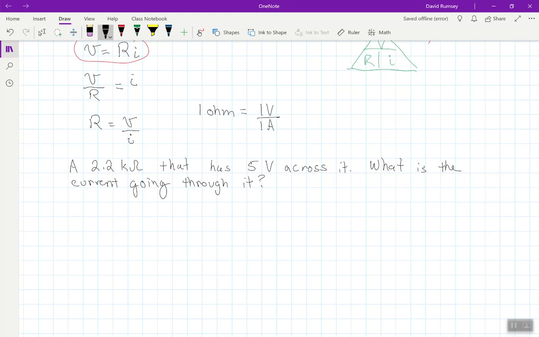And well, you don't really need to draw a circuit diagram for this, but I'll go ahead and draw what we have here. So we've got a resistor here, and this resistor is 2.2 kilo ohms. And I've got 5 volts across this resistor, and we want to know what the current through this resistor is.